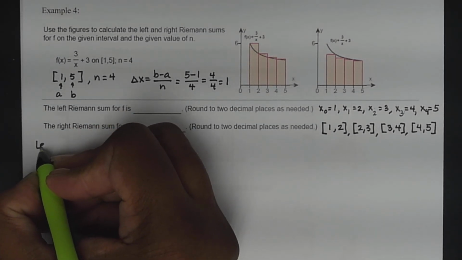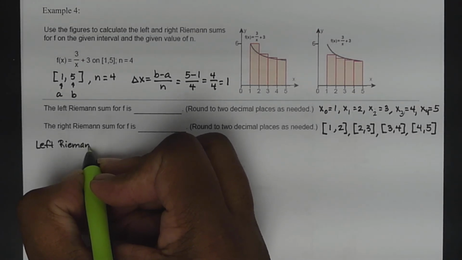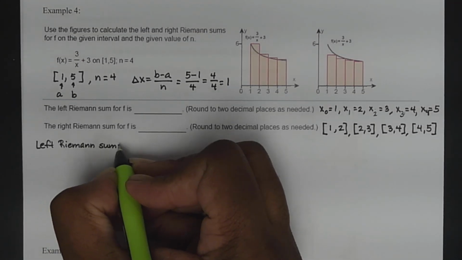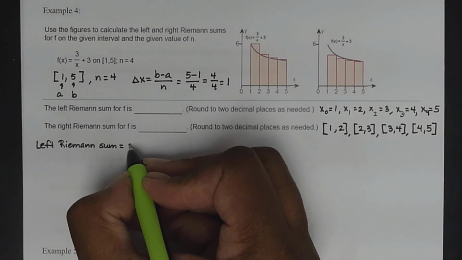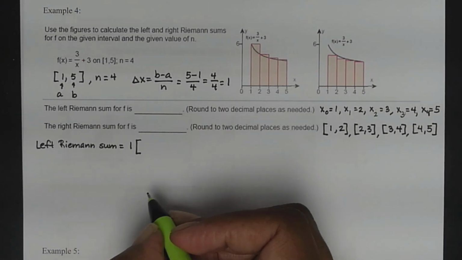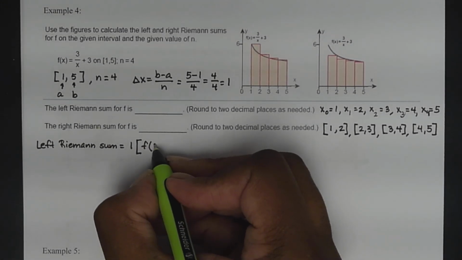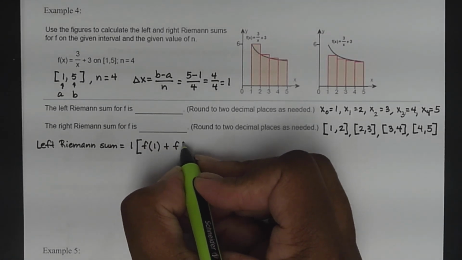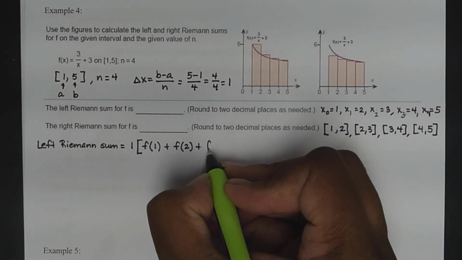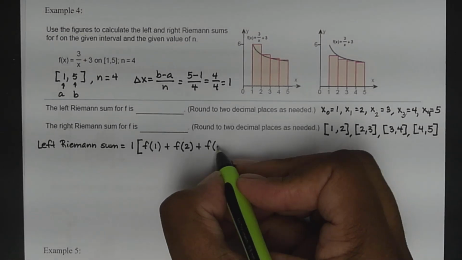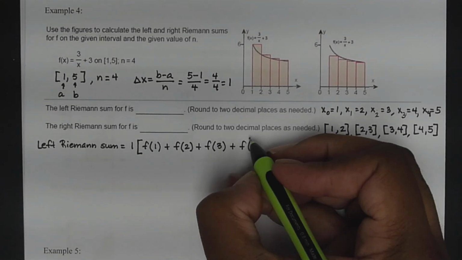So if I find the left Riemann sum, that's going to be this. My delta x is going to be 1, so it'll be 1 times f of this first left endpoint, which is 1, plus f of the next left endpoint, that will be 2, plus f of the next left endpoint, that would be 3, plus f of the last endpoint, which will be 4.